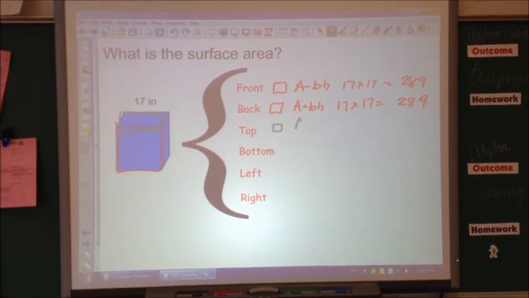So same formula for square, area equals base times height. Because this is a cube, it's 17 times 17, which is 289 when you put it in your calculator. The bottom is the same as the top, they're twins, so I'm just going to copy.